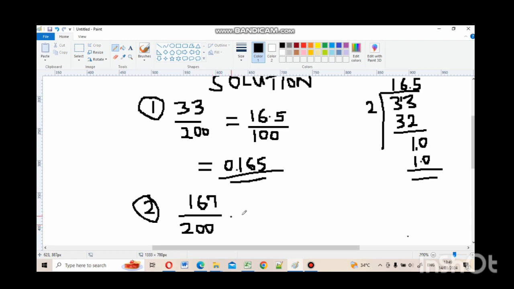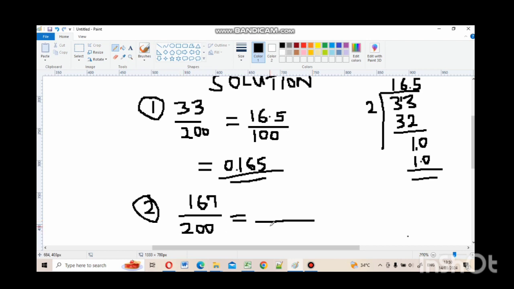The same thing. Divide the denominator by 2, and divide the numerator as well by 2. So rule your line in here.